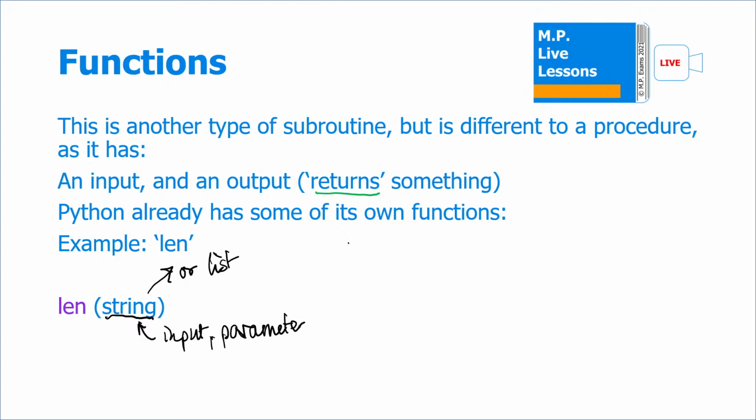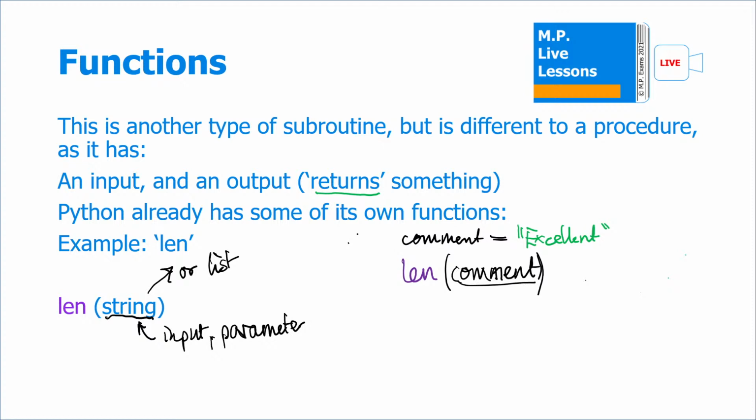So for example, let's say we have a variable again, which we'll call comment, which has the string excellent. If we do the command, let's say len comment, we'll look for this variable with the identifier comment, which it finds here, and it sees a string, and that's okay.